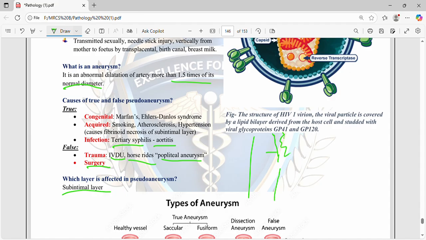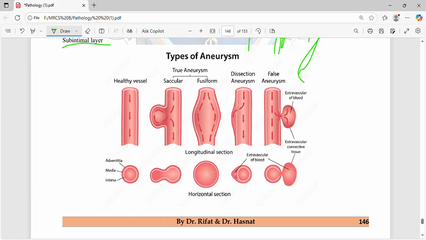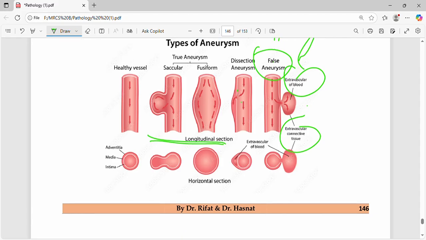The problem here is a break in these layers, while the outer layer is normal, but blood accumulates here and this gets enlarged. People think the problem is elsewhere, but the problem is here, in the subintimal layer. So these are the true aneurysms, and this is the pseudoaneurysm, the false aneurysm. Here the outer layer is intact.